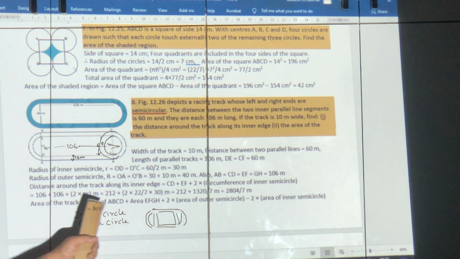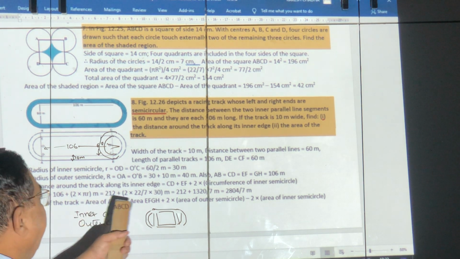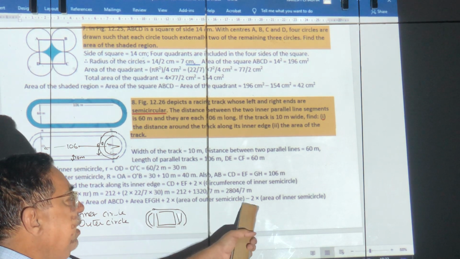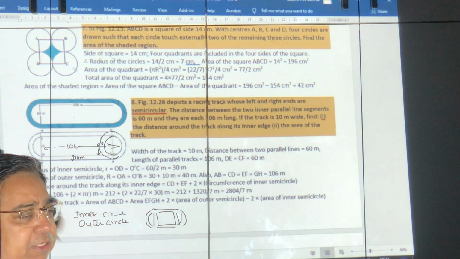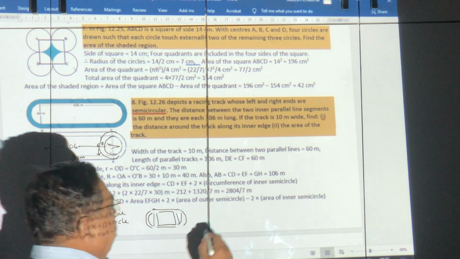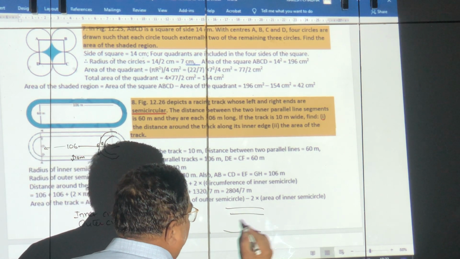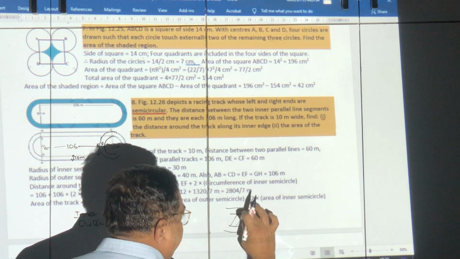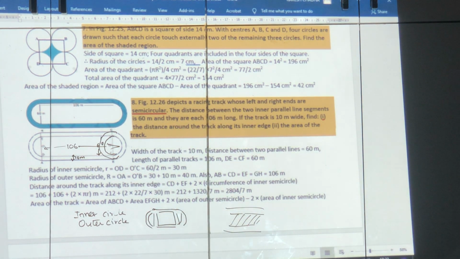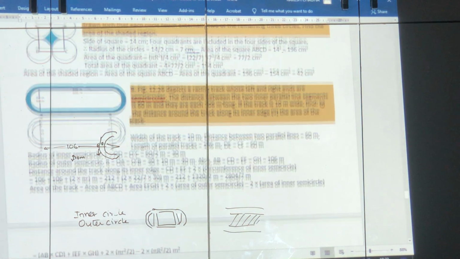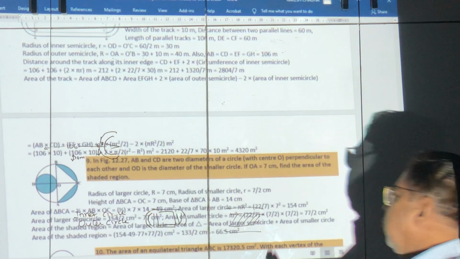So the area of the track is the area of the rectangle, inside, outside, twice the area of the semicircle minus twice the inner. Outer minus inner will give you the track. Big road minus small road. When I minus this, only the track will remain. That was the trick in this sum to understand. Otherwise the sum was not difficult. You should know what to minus from what.